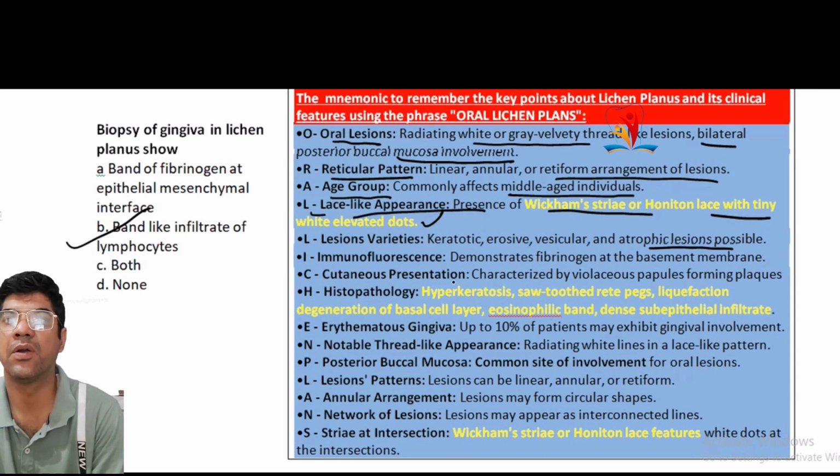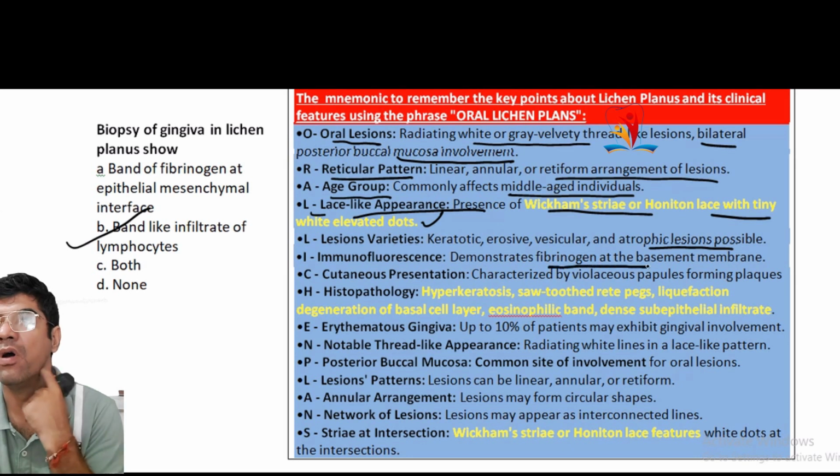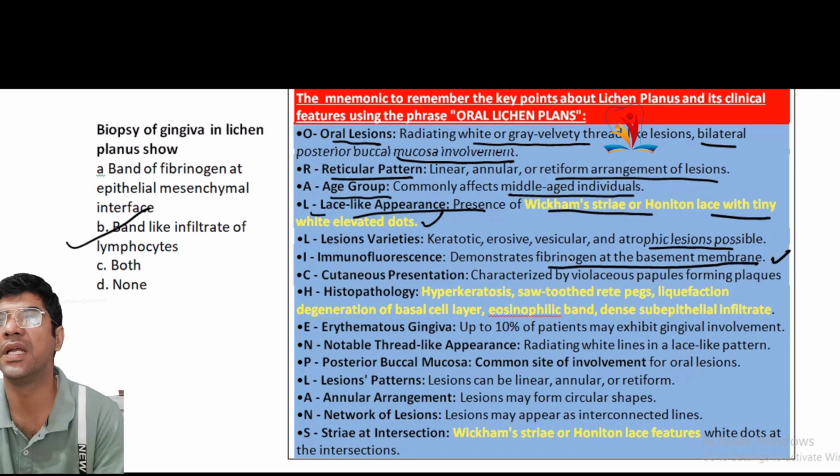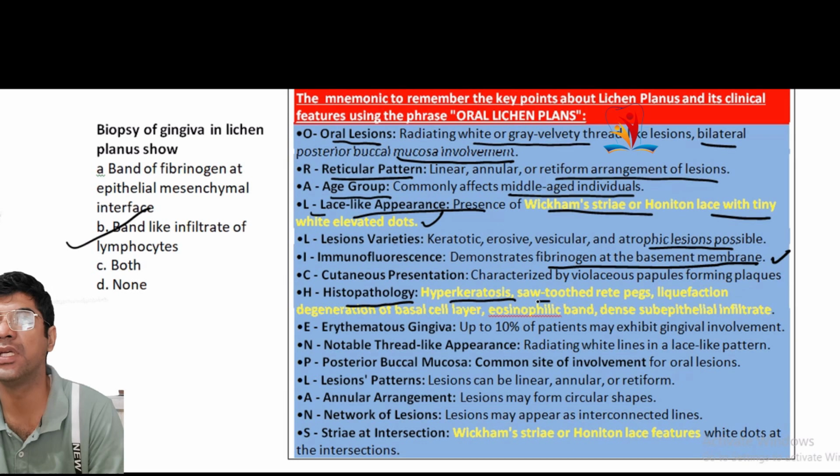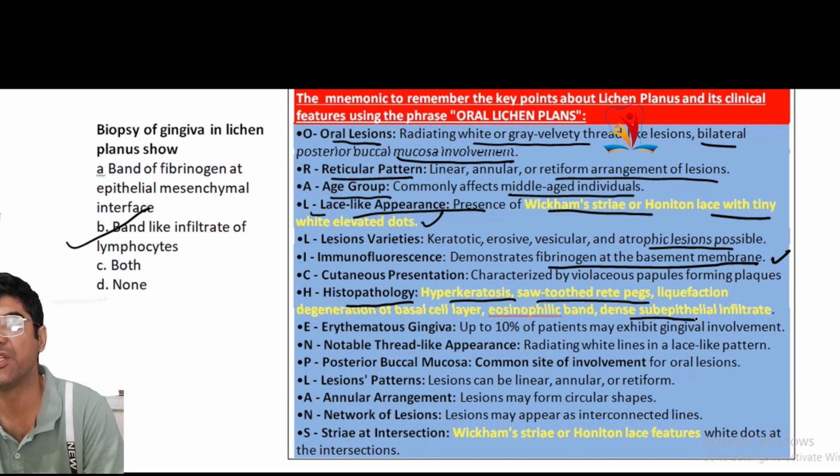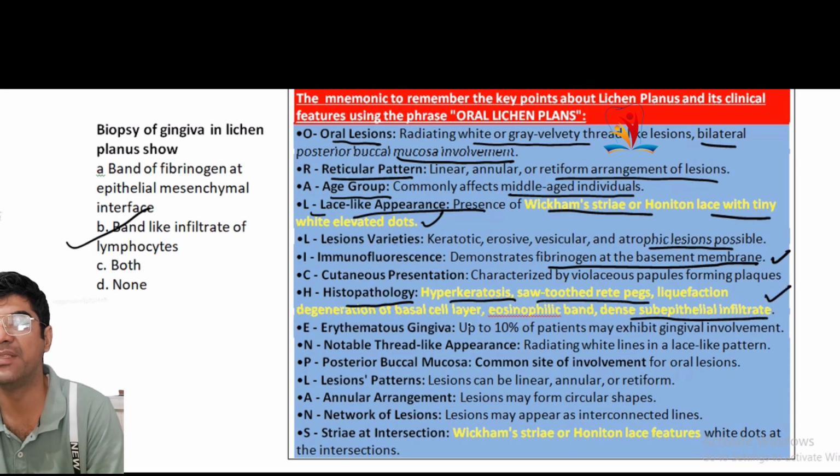So the lesions are keratotic, erosive, vascular, and atrophic lesions. On immunofluorescence, you will see fibrinogen at the basement membrane. That is an important criterion. C stands for cutaneous presentation, with violaceous papules forming plaques. On histopathology, you will see hyperkeratosis and sawtooth rete ridges. We discussed that in a previous question. There is liquefactive degeneration of basal cells, eosinophilic bands, and dense subepithelial infiltrate.